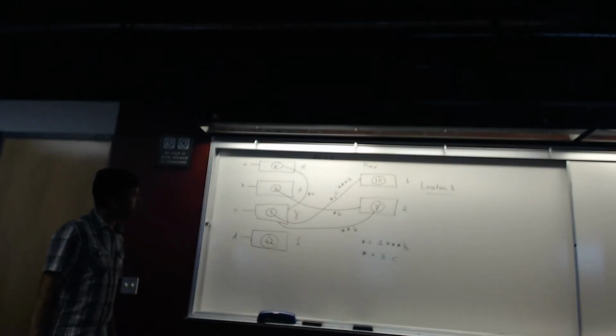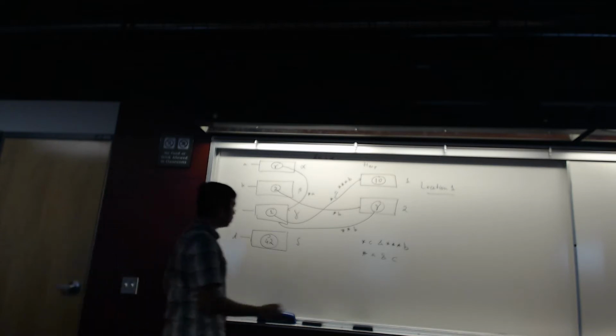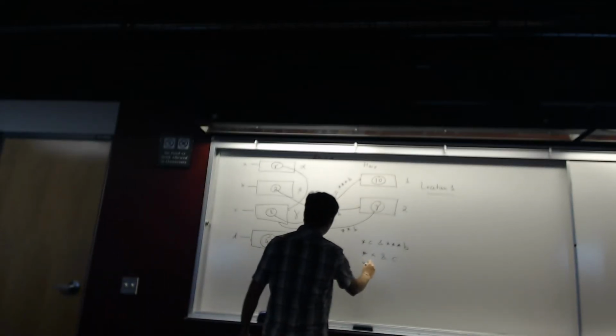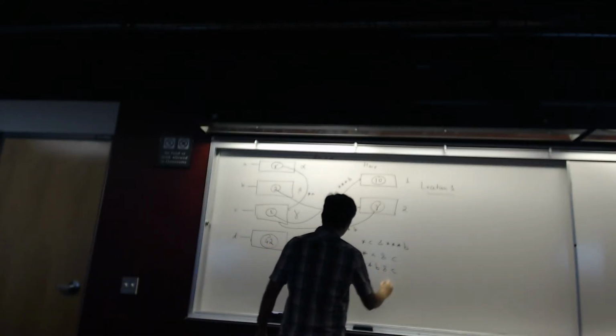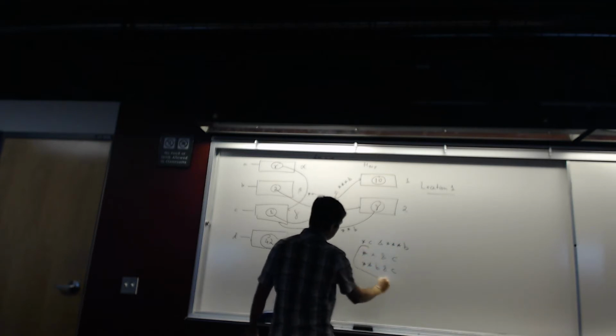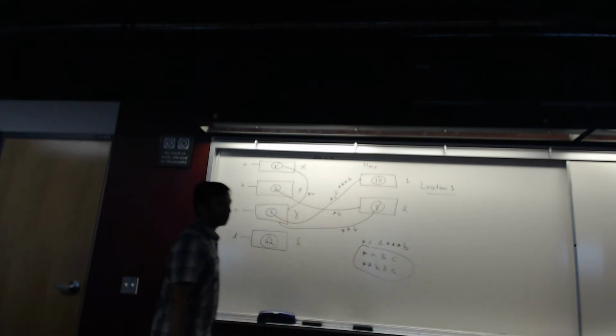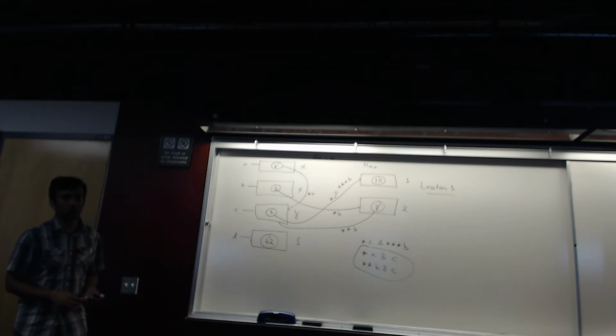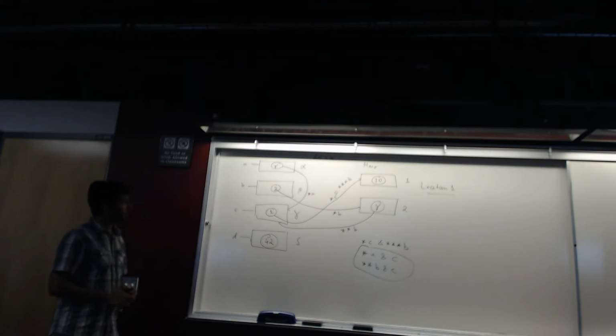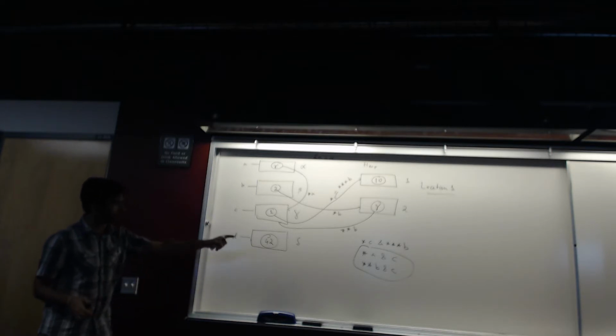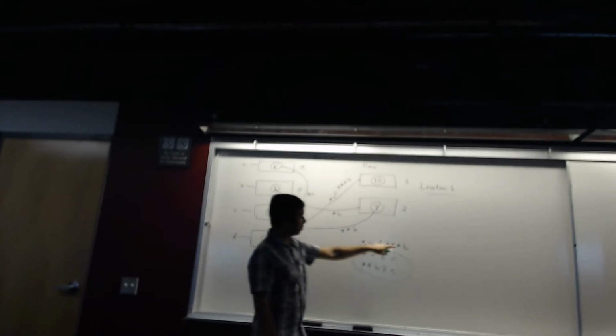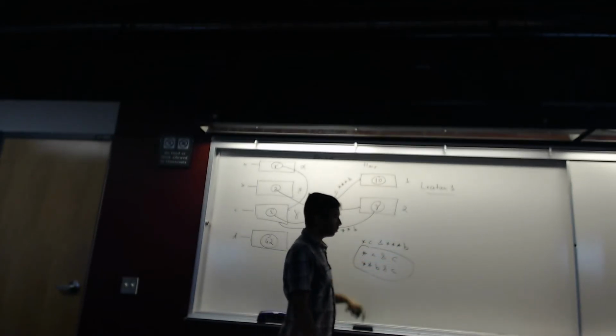Star B and C. So basically star A, star C, star B, right? Anything else? Nothing else.